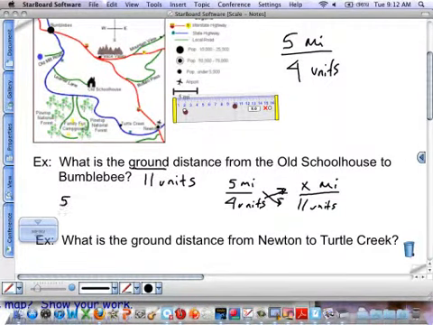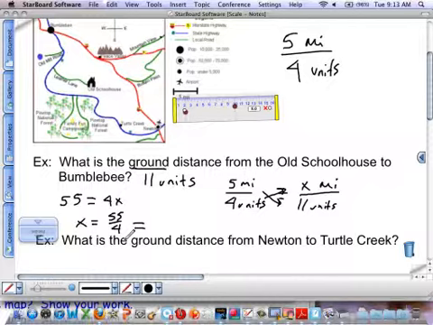So we get 55 equals 4x. And what do we do to solve for x? So x is 55 over 4. Which should not be that difficult to figure out.